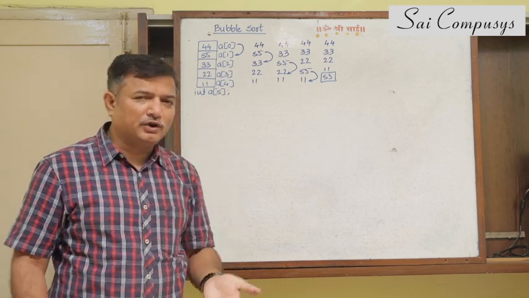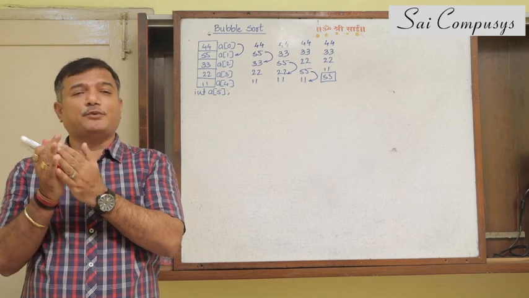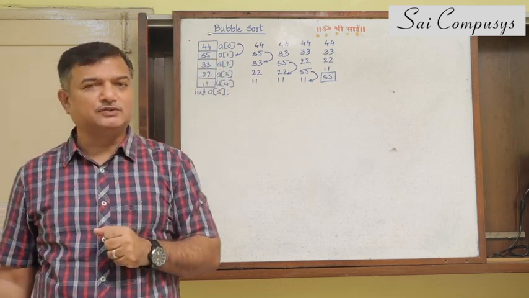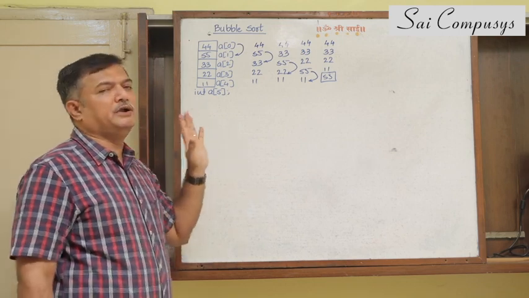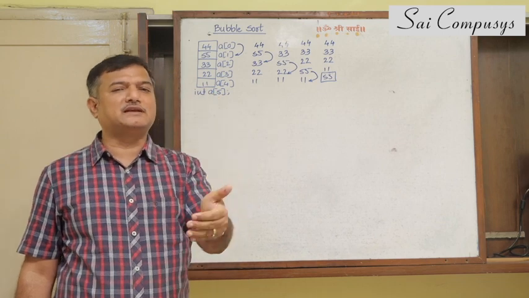Because the sorting is taking place from bottom to top, as a bubble rises from bottom to top in water, this sorting is called bubble sort. So what I did right now, the whole sorting has not been done, but I compared every element only with its next element.